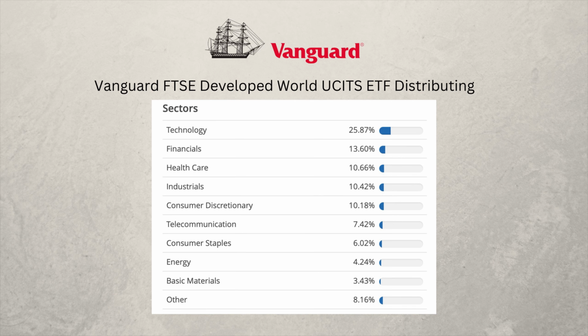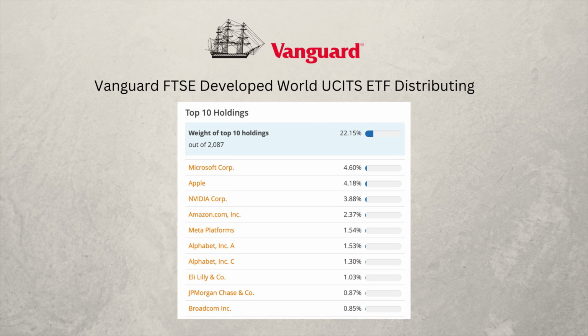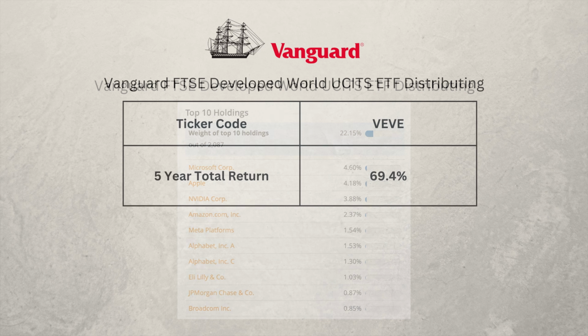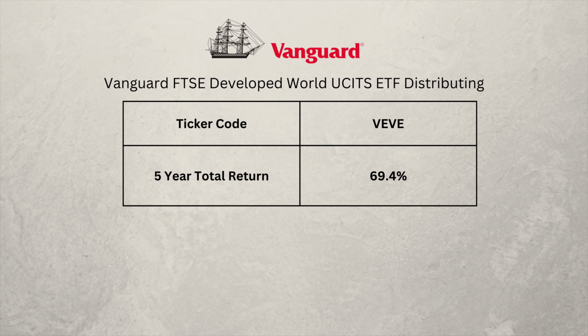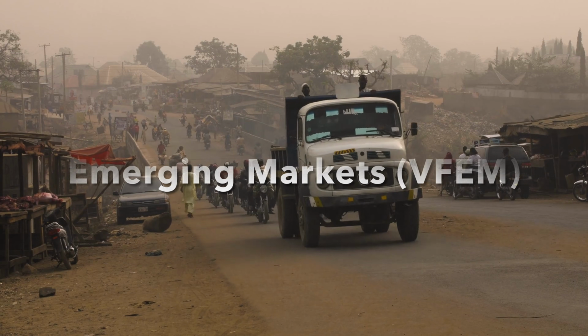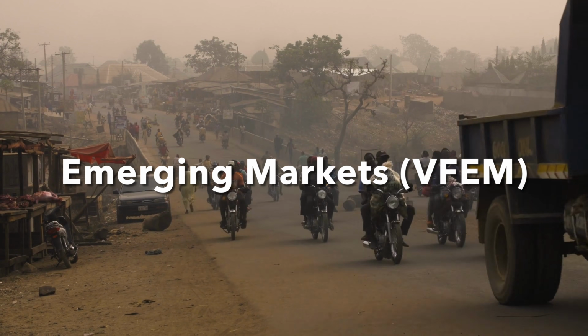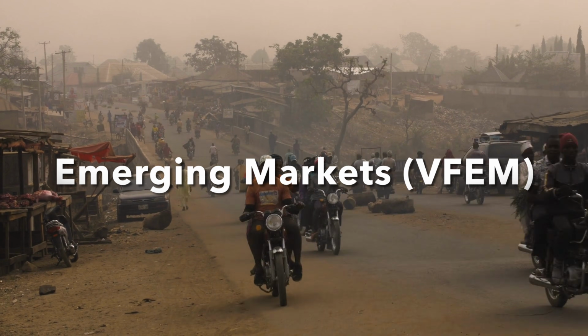Technology would be the biggest sector at 25%, and here is a list of the 10 largest companies you would own. So what about the performance of this ETF? Well, over the last 5 years, the total return, which includes capital growth and dividends, is 69.4%.